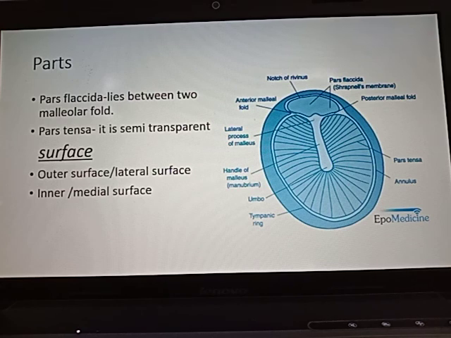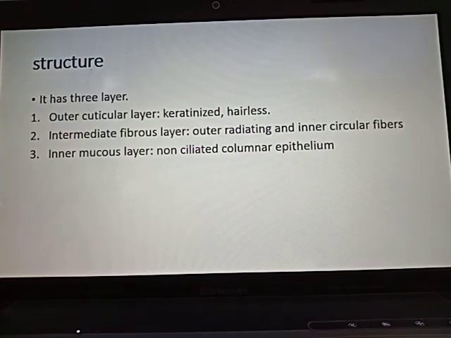Then come to the structure of the tympanic membrane. It has three layers. From outside inward, there is first the outer cuticular layer. It is keratinized, hairless, and so devoid of any appendages of the skin.